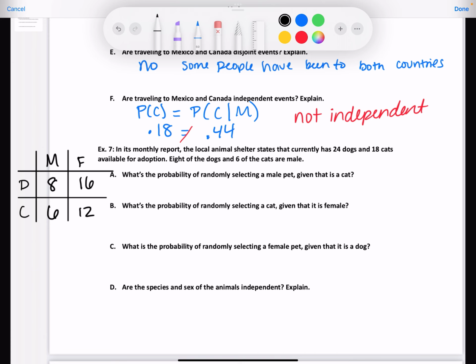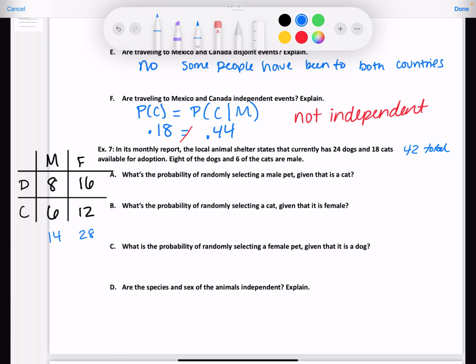So now, what is the probability of randomly selecting a male pet given that it is a cat? So total dogs, we have, what's 24 plus 18? 42 total animals. And then overall we have, just to give us the total, 14 males, 28 females, and that way we can actually answer all of our questions.